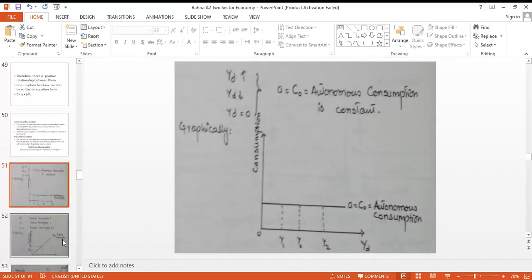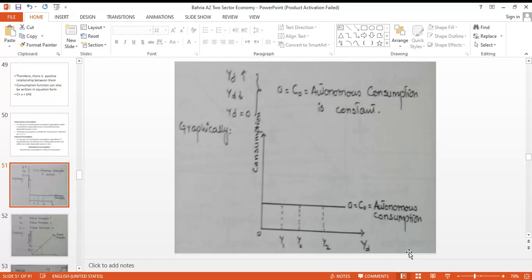In this video, we are more concerned with plotting the autonomous consumption on the graph. So it's pretty straightforward. No matter what your income is, whether your income is zero or y1 or y0 or y2, your autonomous consumption will remain the same. There is a certain number of breads that you will consume, even if your income is zero.